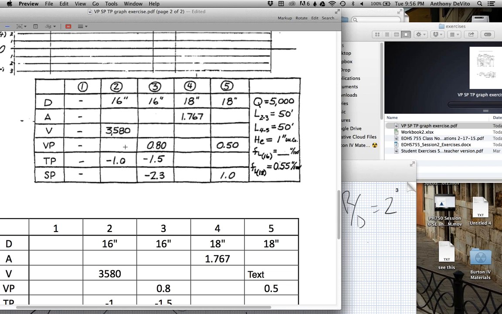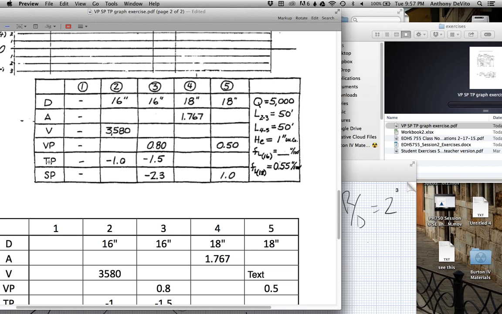Okay, and for the velocity pressure, we use that formula. The velocity is equal to 4,005 times the square root of the velocity pressure. We use it in two forms, one solving for the velocity pressure, the other solving for the velocity. The static pressure we figured out by subtracting the velocity pressure from the total pressure.